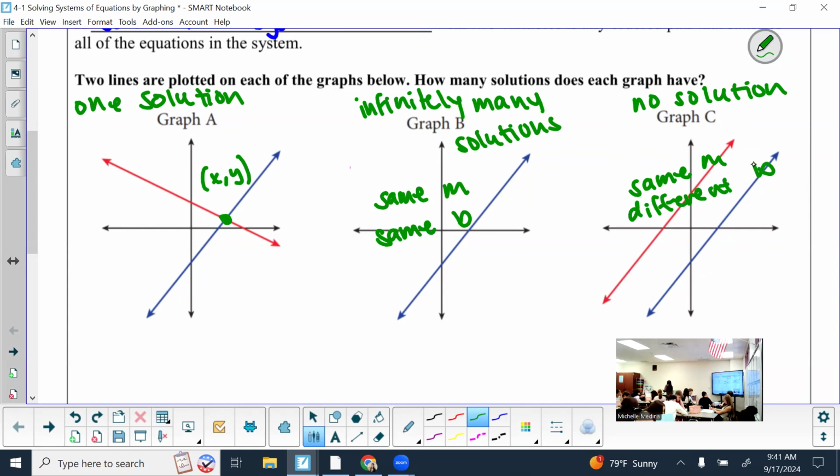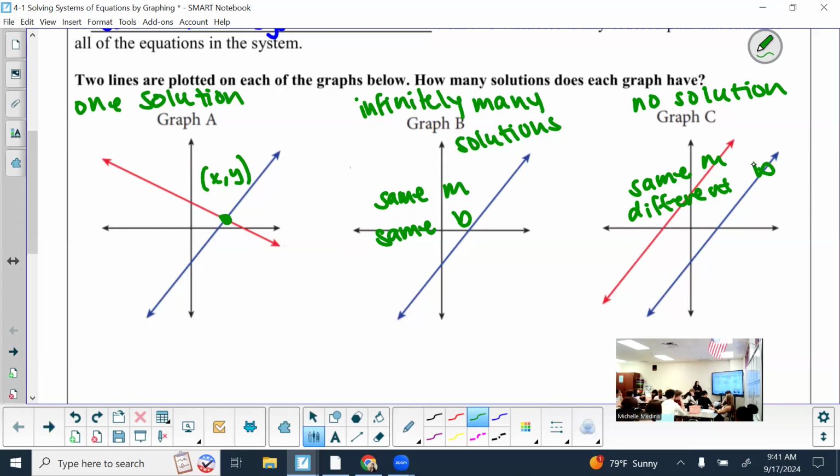But yeah, if they look like that, there probably is no solution. Sometimes they do try to trick you and one of them is angled slightly. So they will intersect eventually, but if you look at the equations and they have the same slope, different y-intercept, it's no solution. Questions on that?